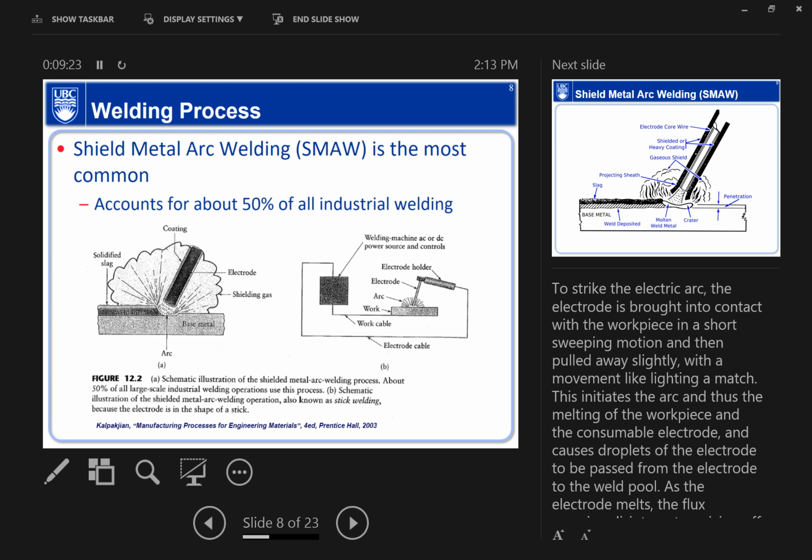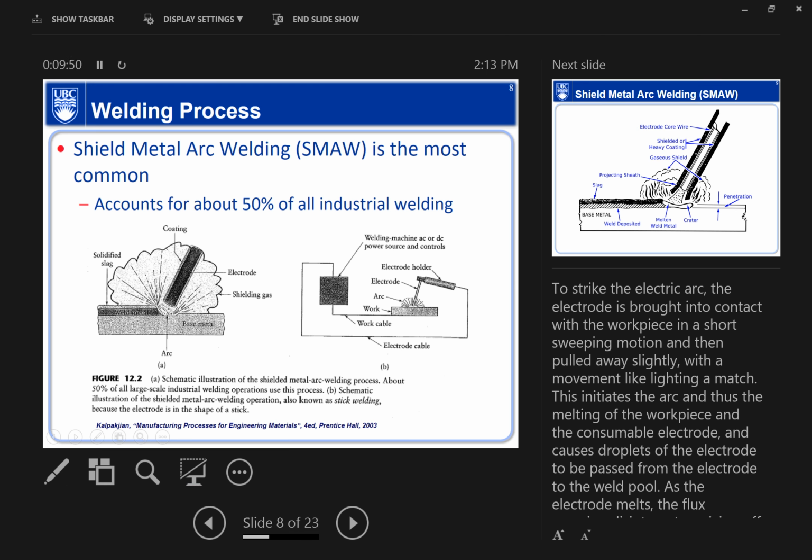But it's very useful because you can use it in almost any situation, especially in outdoor applications. Even in windy situations, you can still use stick weld. If it's a gas type of weld, you can't use that because the wind will blow the gas away.